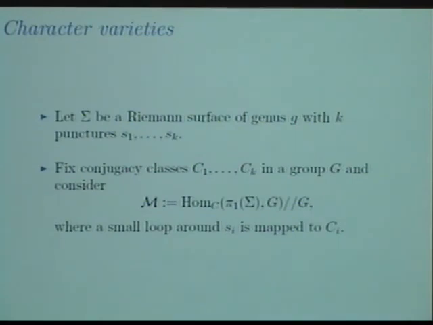And there's a double bar there to indicate that we're going to take a quotient. So these are homomorphisms viewed up to isomorphisms, up to conjugation. And that requires a bit of careful analysis to make sure that the variety M is a nice enough variety. But I'm probably not going to say a whole lot about it. But there's some care one has to take to define this quotient.